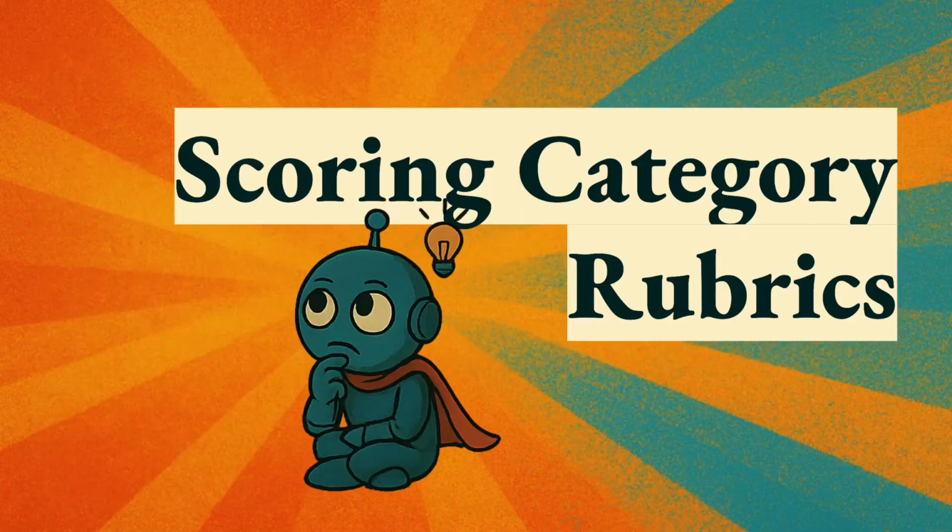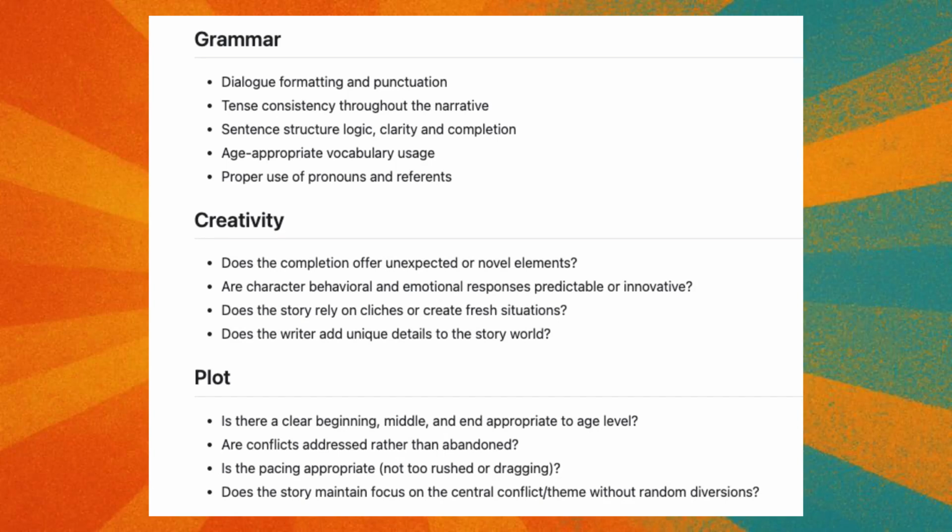All right, so one prompt is not going to rule them all, and in the same way, one rubric is not going to rule them all. So I took grammar, creativity, and plot. These bullet points I've taken almost wholesale from the Tiny Hackathon competition evaluation prompt that I participated in.